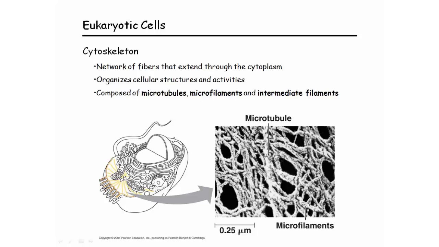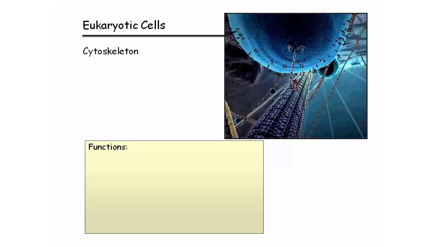And the functions of the cytoskeleton are going to be quite diverse. In general, we say that it is responsible for organizing cellular structures and activities. If we look at it in more detail, here you see a picture that shows the inside of the cell, and all of these little cables and girders that you see extending throughout that cell would fall into this cytoskeleton category.